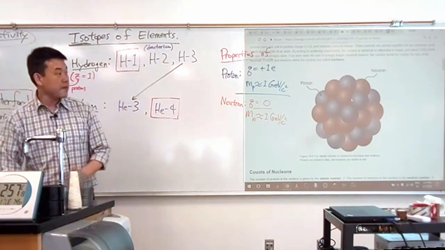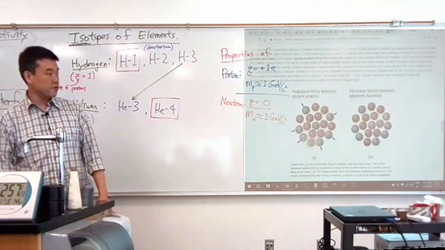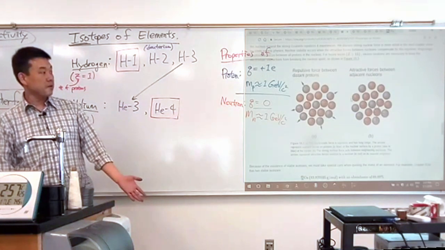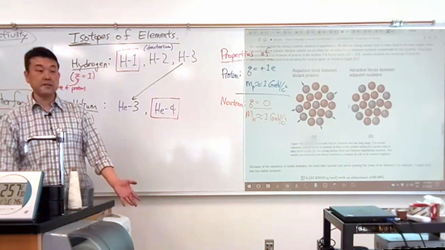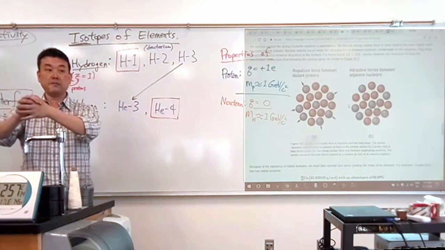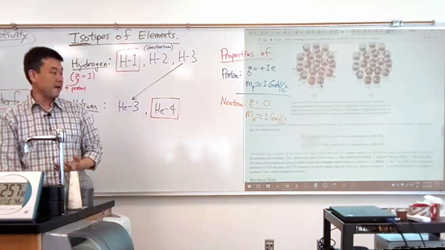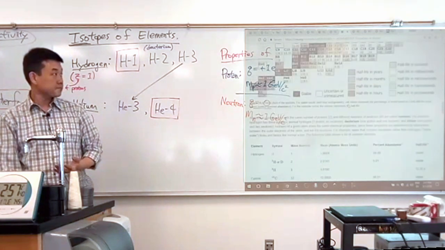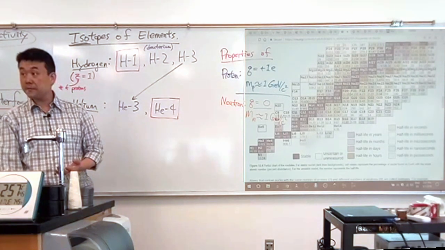With that kind of intuitive, rudimentary model, what you would guess is that the place where this balance is held, as in the nucleus is not being crunched too much, or there's enough attractive force to keep it together, is usually where the number of neutrons and number of protons are the same.